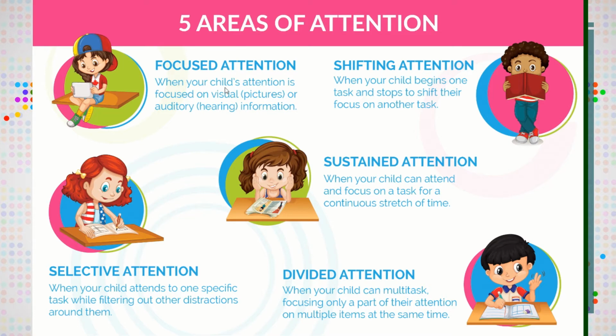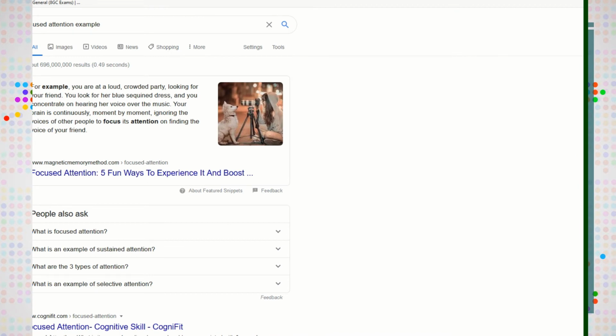In this focus attention, take another aspect of it: you are at a loud, crowded party looking for your friend. You look for a blue sequined dress and you concentrate on hearing her voice over the music. Your eyes keep searching, your ears keep looking for the voice.